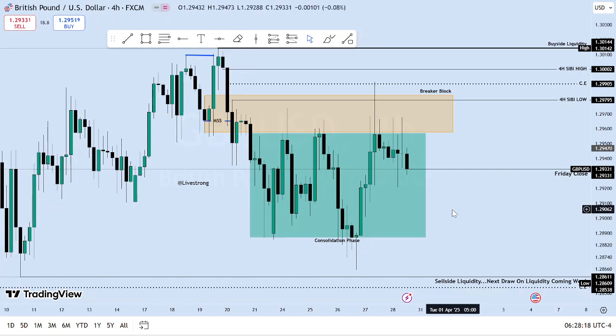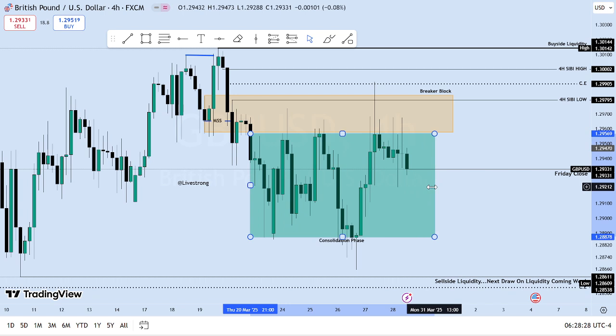The next liquidity, that's the next draw on liquidity to be taken. So you have patience on that Sunday midnight going into Monday, the new week opening price.